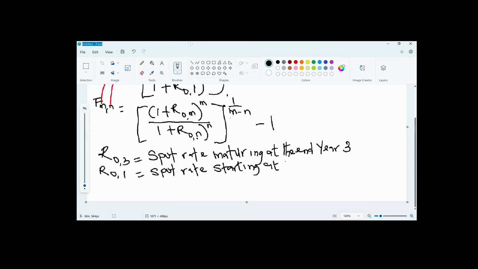At the end of year 1, I need to compute this rate. I need to compute these spot rates. To compute spot rates at the end of year 1, we are going to use 1-year bond.